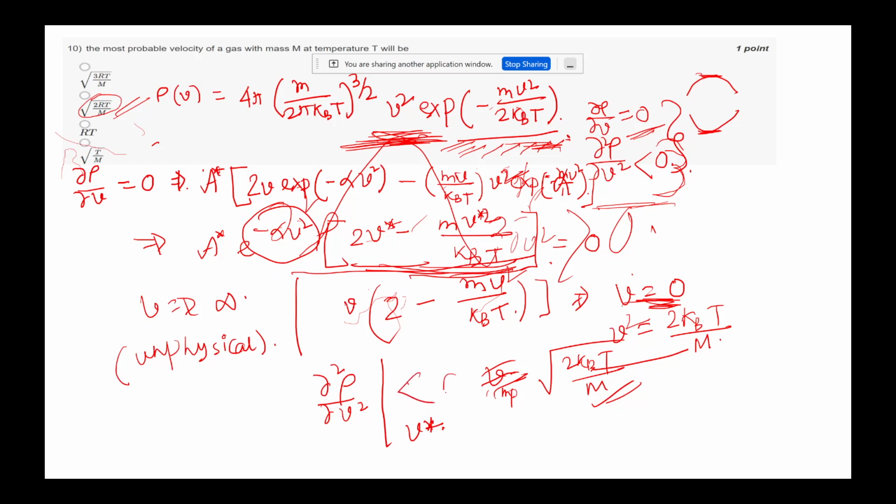And if that is less than zero, then you can say this is maximum. Can you do this? You can try, it's pretty simple. Then you can see that for that value it is actually maximum.